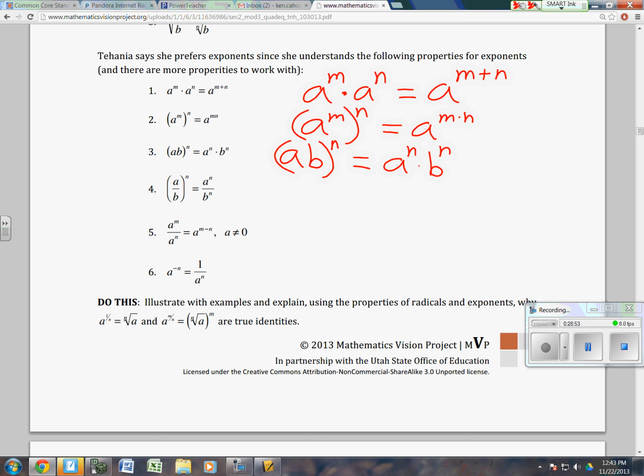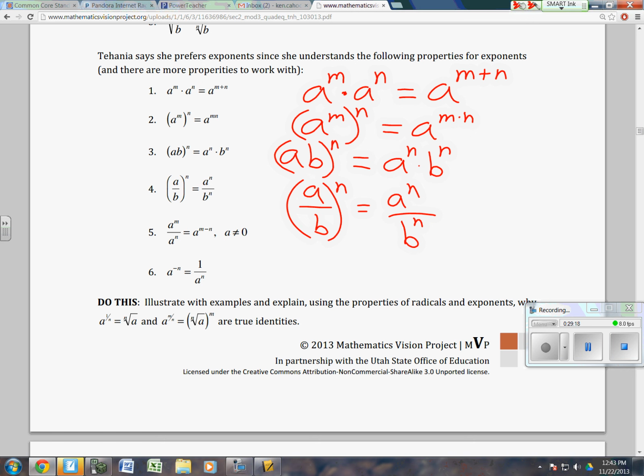Okay, here's another one. A over b to the nth power. This is kind of like the division one with radicals up there. It's equal to a to the n over b to the n. So if you have a fraction being raised to a power, you can raise the numerator to that power and raise the denominator to that power separately.